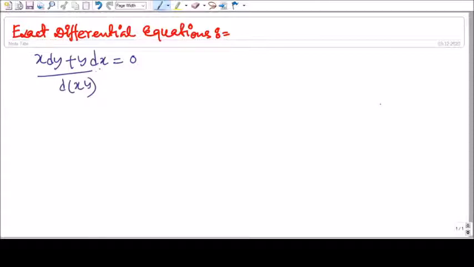The left hand side of this differential equation can be written as a differential of some function xy. If we write it in this way, then this differential is said to be an exact differential.